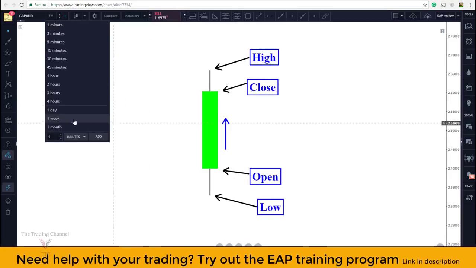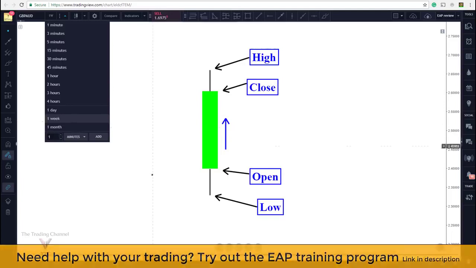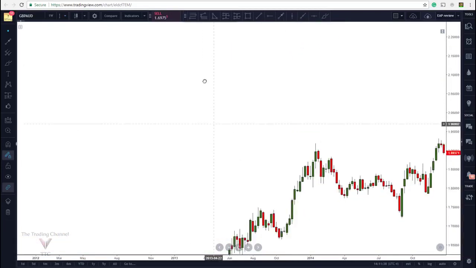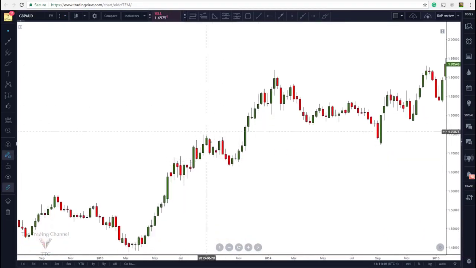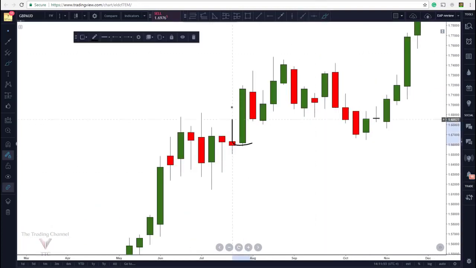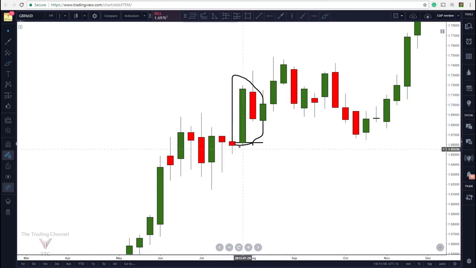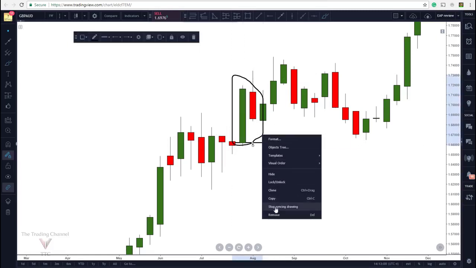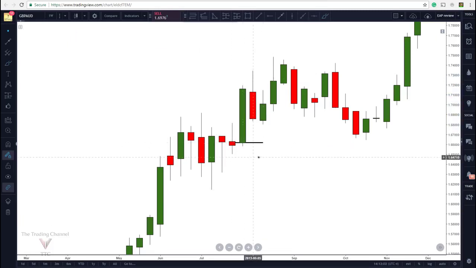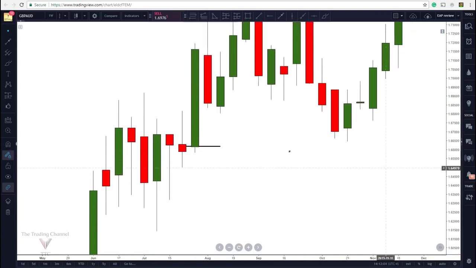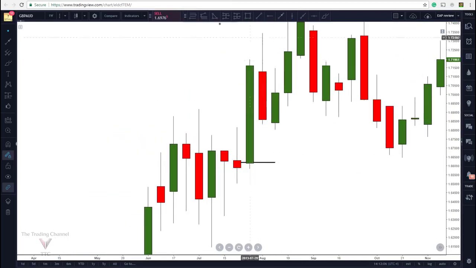So currently we're on a 1 week chart. That means that when we scroll down the chart here, each one of these candlesticks represent a full week of price action. For the green candlesticks, we have a full week of price action that started at the open or the bottom of the green candle. We have price action in between represented by these wicks coming down to the low and moving up to the high.